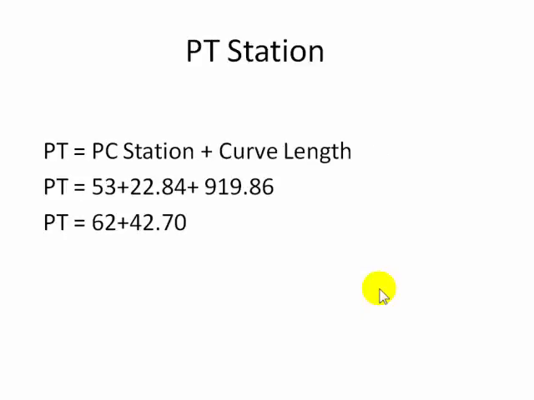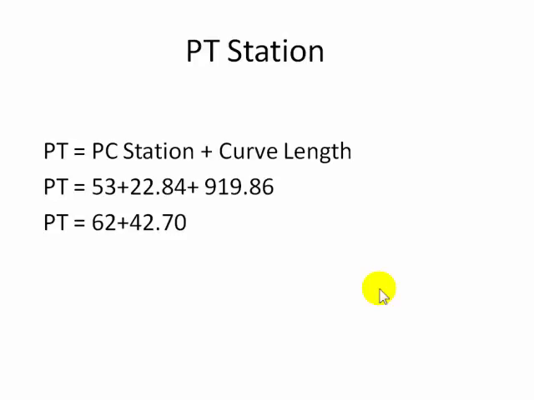This is different than finding the station of the PT. The PT station is defined as the PC station plus the curve length. This makes sense because we want to station the curve along the arc. The difference between the PT station and the PC station should be the curve length.